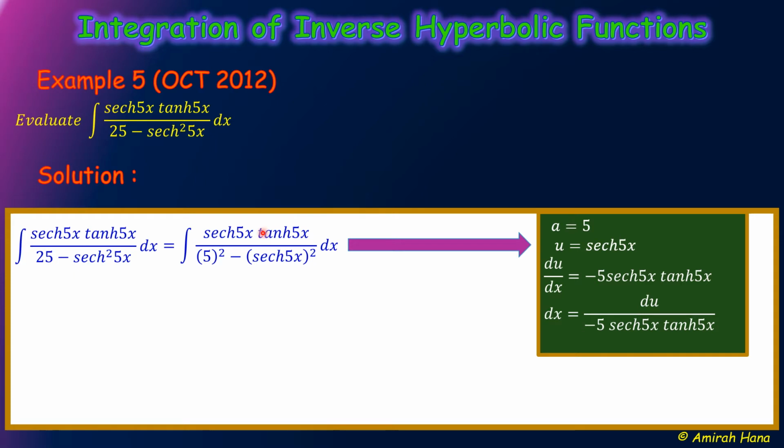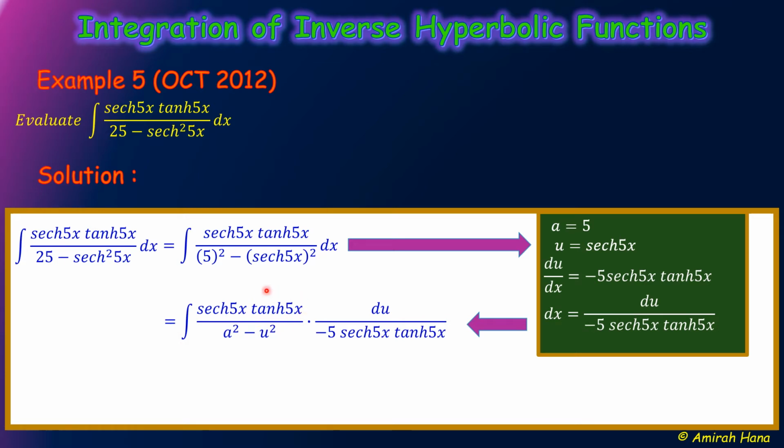So in the following step, we can simplify this. After we differentiate, we write dx as the subject, so we have du over negative 5 sec 5x tan 5x. Then we substitute back. We still write the numerator sec 5x tan 5x, we replace 5 by a, with minus in between, and we replace sec 5x by u, so we have u squared here, times dx.